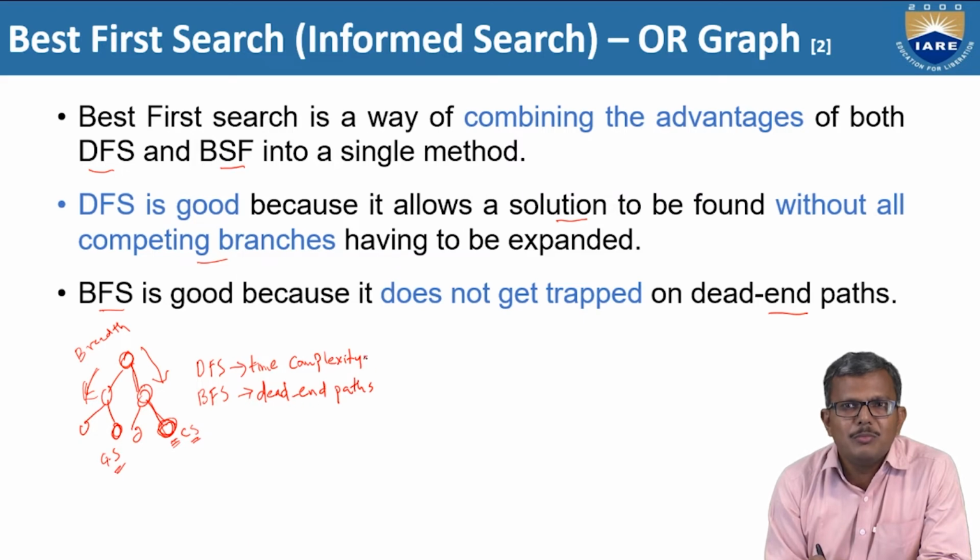So by taking advantage of these two approaches, or by combining the behaviors of these two things which are really required for us, we are making use of BFS, which here is called best first search. While implementing the best first search, you are going to see the behaviors of depth first search as well as breadth first search.